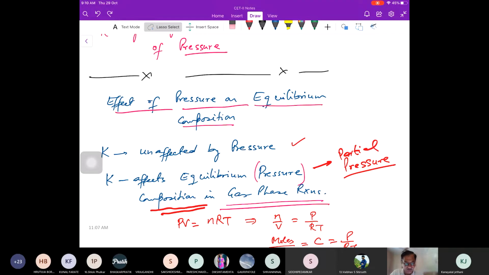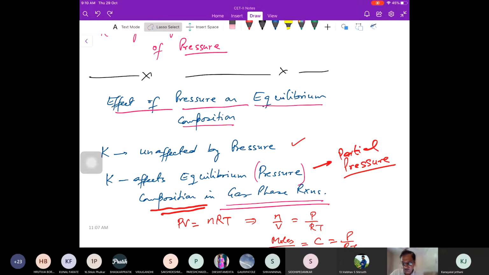If I increase the temperature or pressure, the reaction will proceed in such a way to minimize the effect of that disturbance, right? If I try to increase the temperature, the reaction will proceed in such a direction that it reduces the temperature.